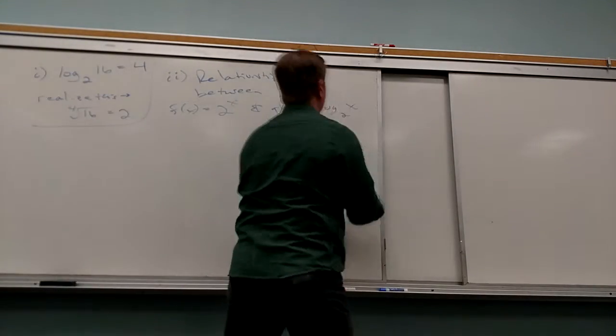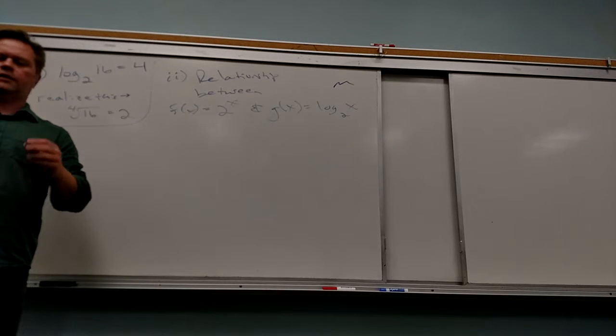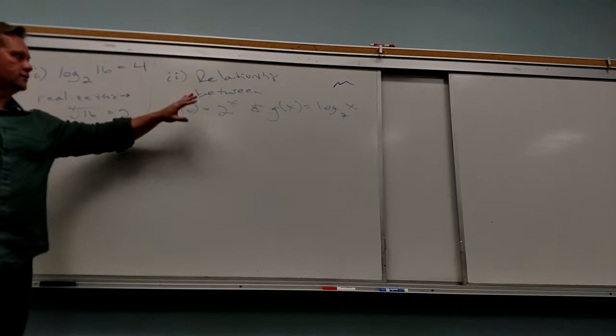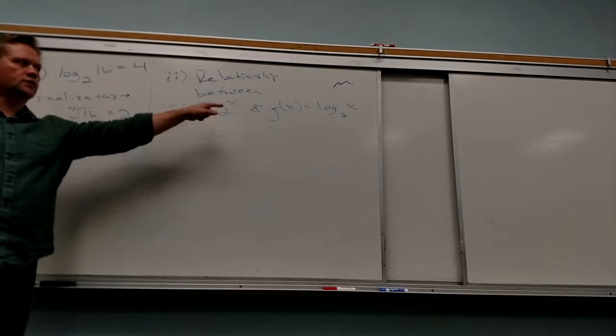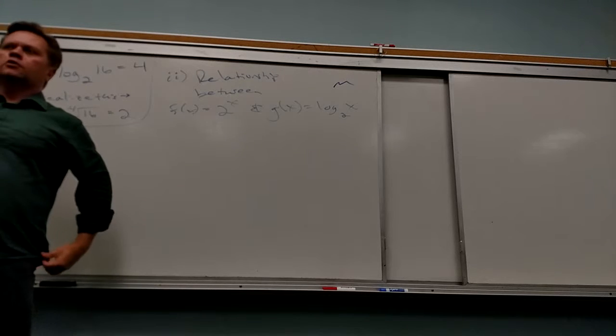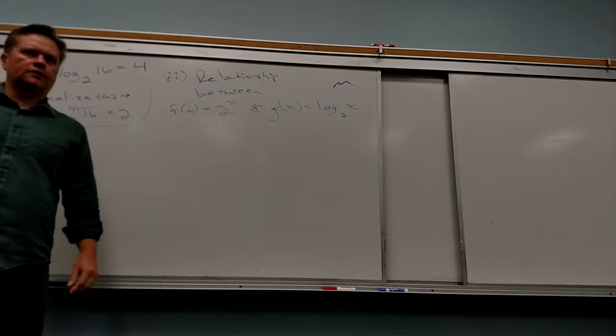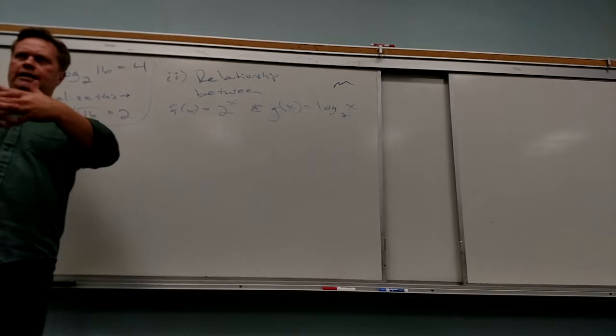Anybody know the relationship between 2 to the x and log base 2 of x? There's a relationship. There's a word that we've studied not too long ago. How are these guys related?